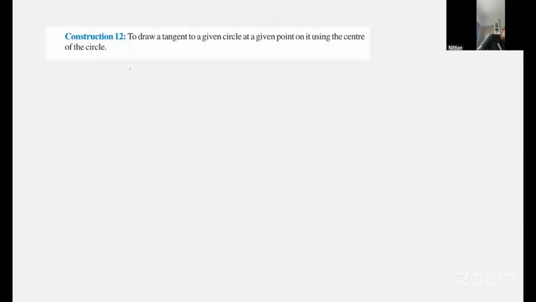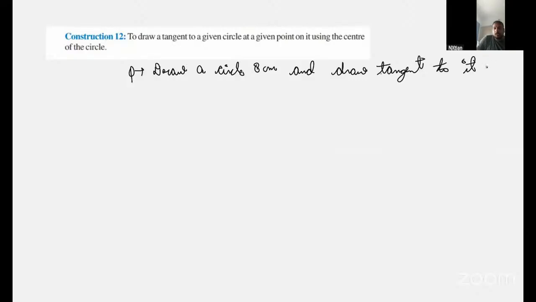The question is: draw a circle of 8 centimeter and draw a tangent to it.